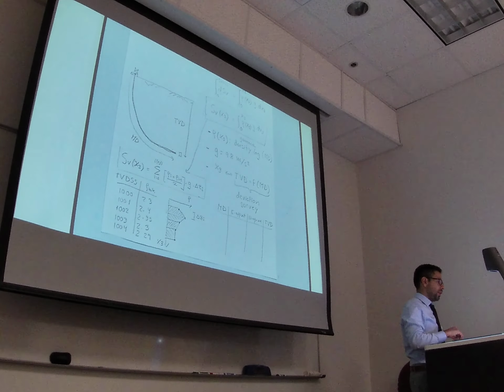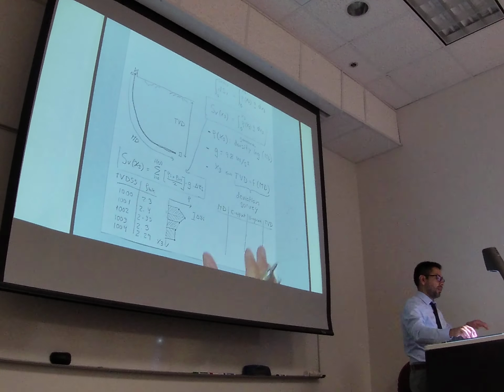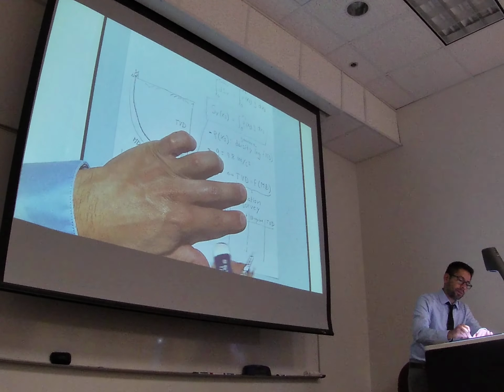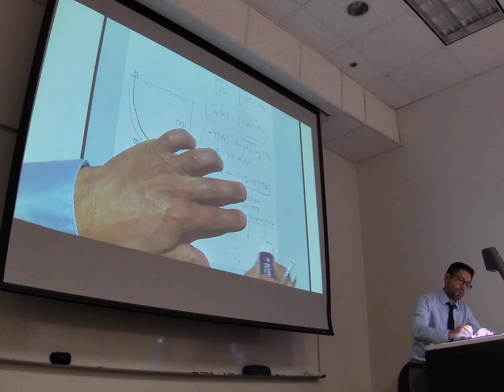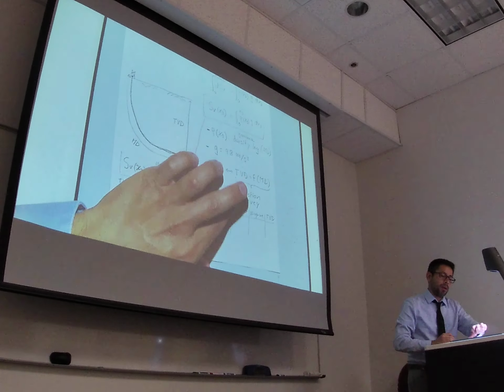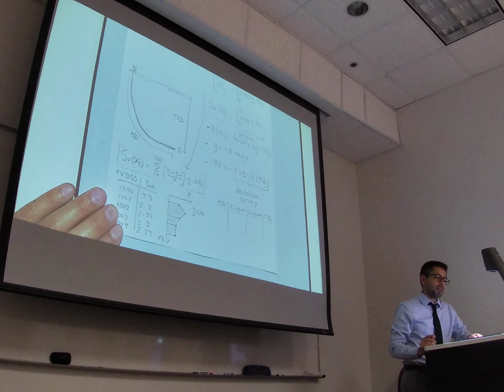Do you guys know what is the typical gradient for total vertical stress? 1 PSI per foot. Yes, that's a typical gradient.